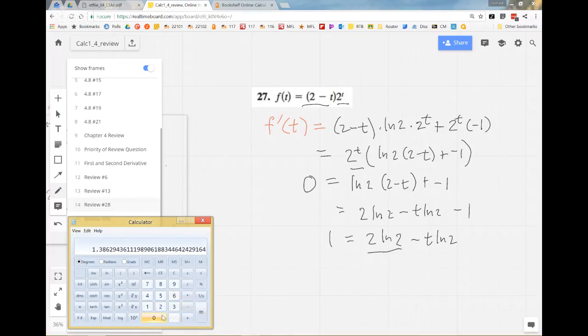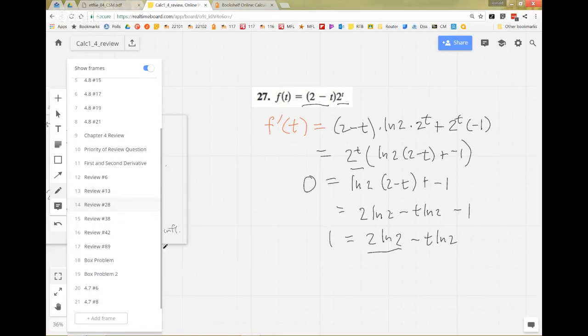So we can subtract that from both sides. So if you subtract 1.39 from both sides, you're going to get negative 0.39 on the left, equals negative t times the natural log of 2.